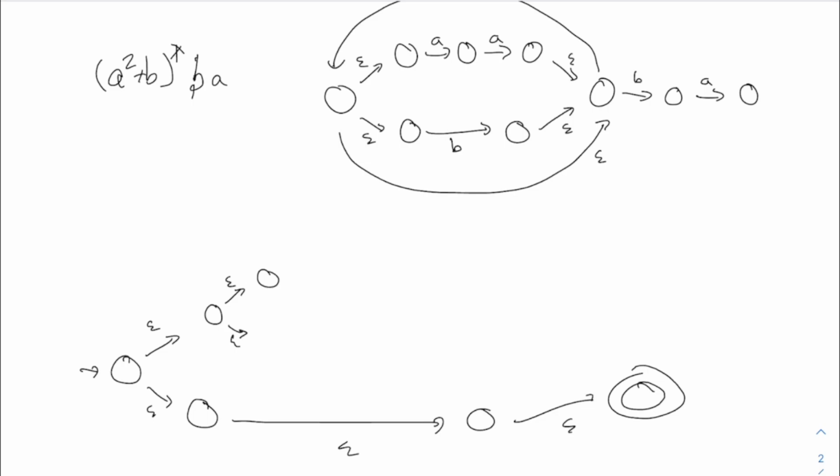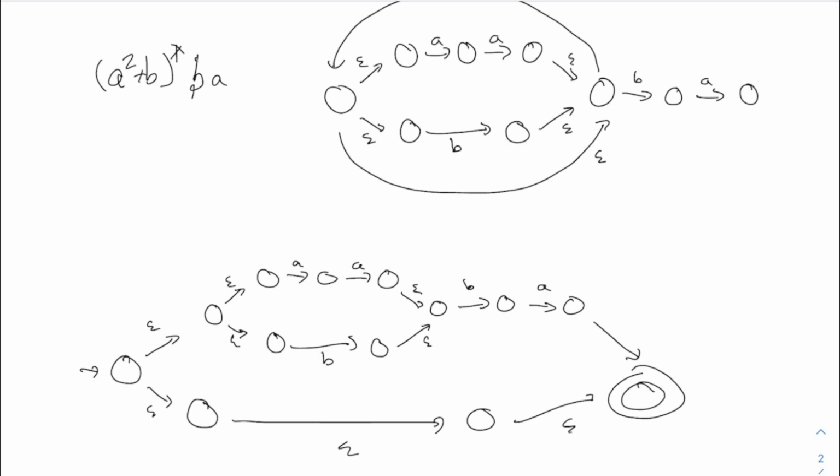A, epsilon. This one is just B. And then I go B, and then A, and then back to this guy. And I need that sesame seed bun. There you go. This is my final answer.